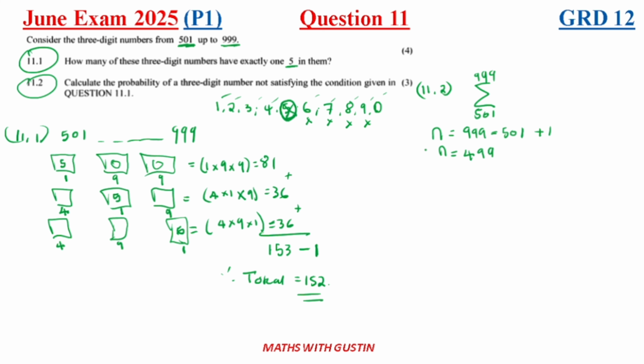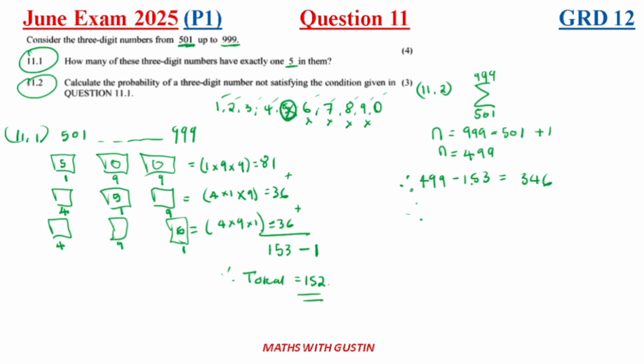So therefore, if we have got 153 numbers, so therefore the ones that do not satisfy this will have to be 499 minus 153, which is giving me 346.